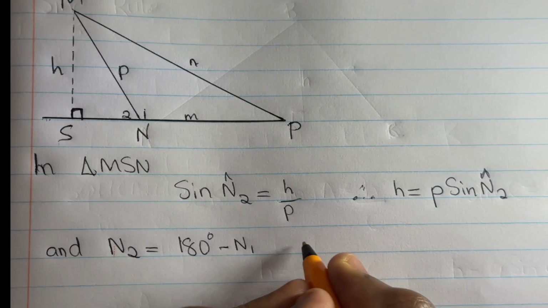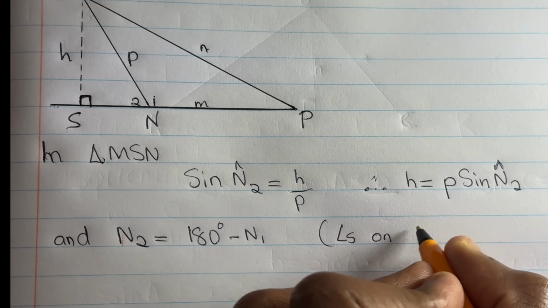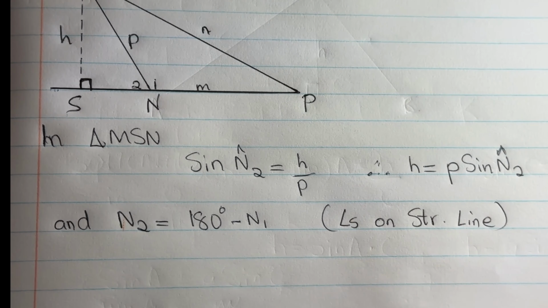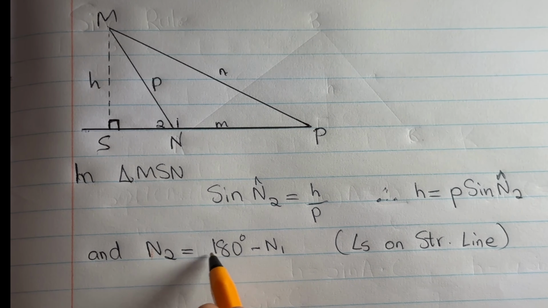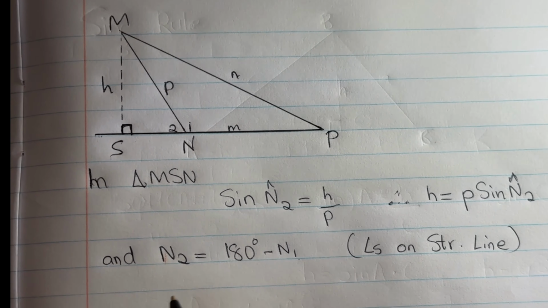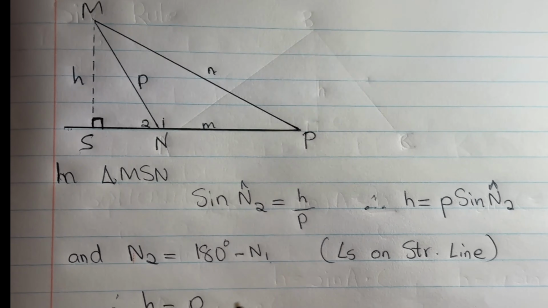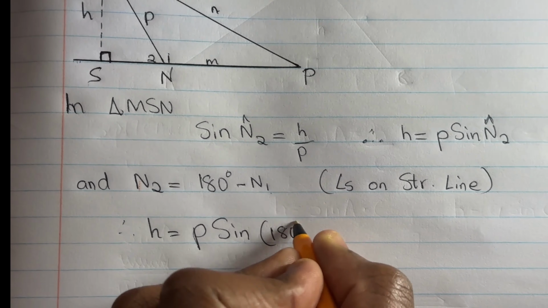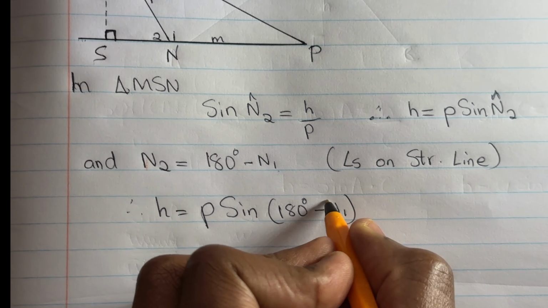This is because we have angles on a straight line. We know this rule. You have to write this, guys, because they put marks for this. Angles on a straight line. Since N2 is this, we can replace it here. Then we have, therefore, H is equal to P sine N2, which is 180 degrees minus N1.